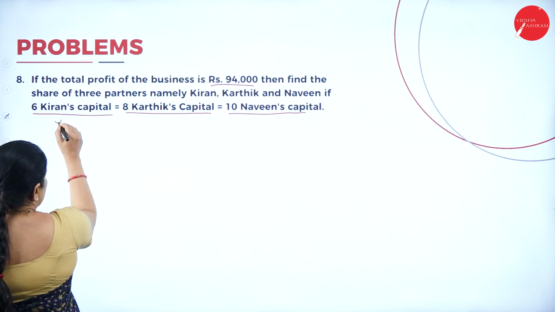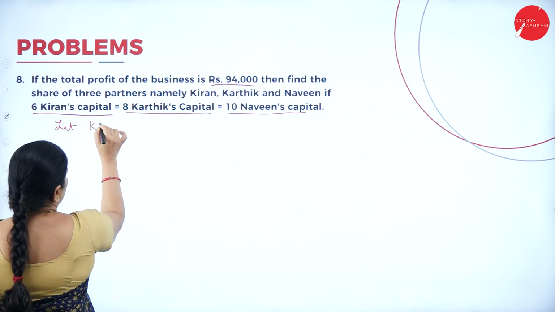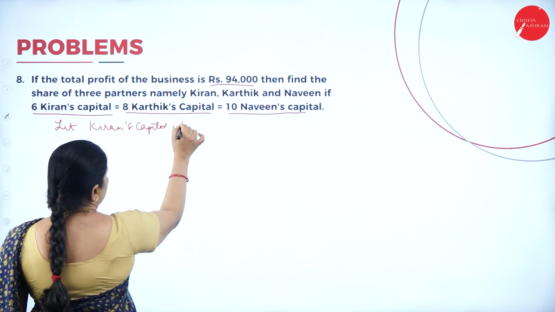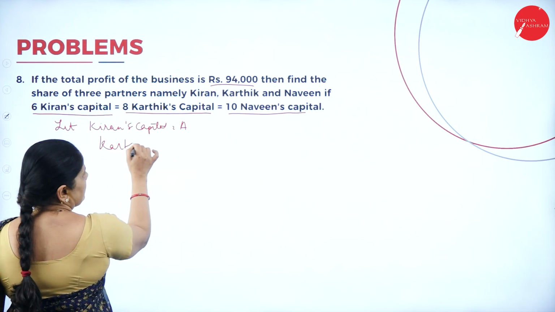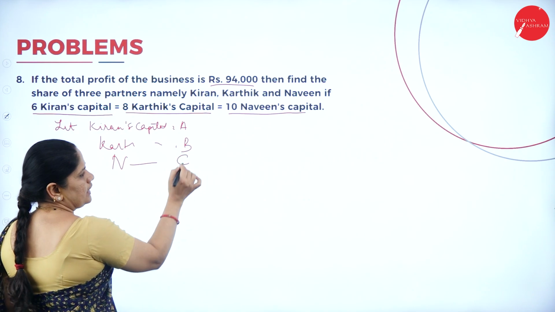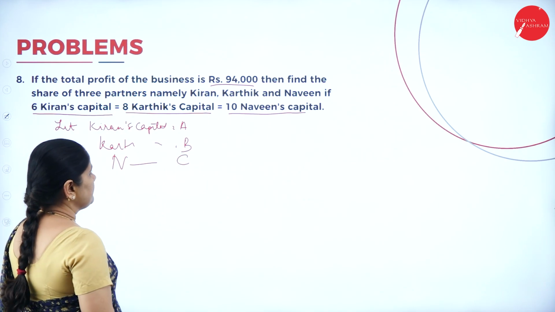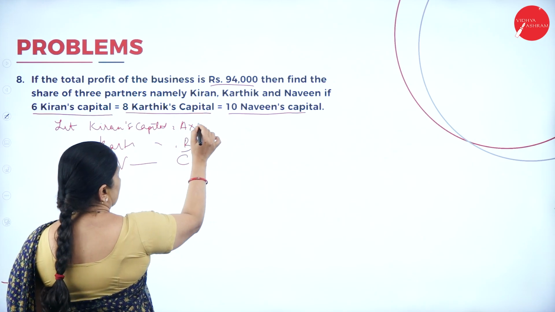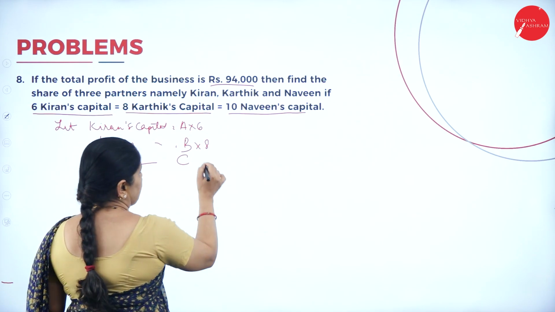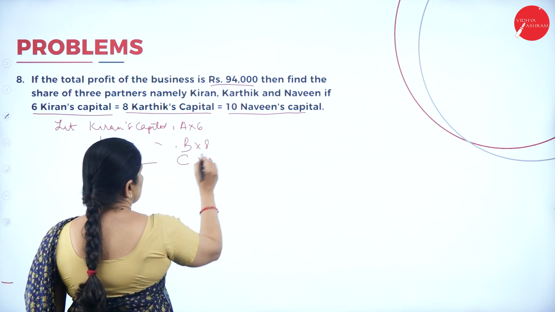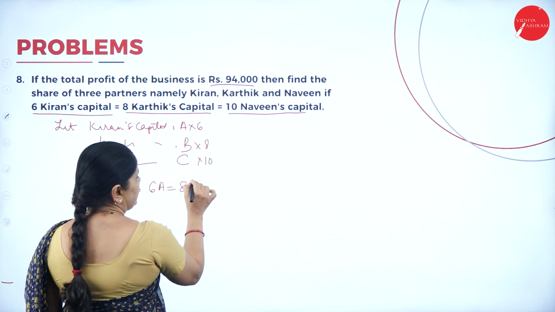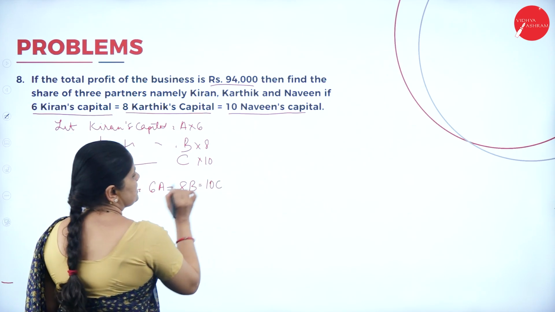So, let Kiran's capital be equal to A, Karthik's capital is equal to B and Naveen's capital equals C. Now what is given? 6 times Kiran's capital, 8 times Karthik's capital, then 10 times Naveen's capital. So they have given this as 6A equals 8B equals 10C.